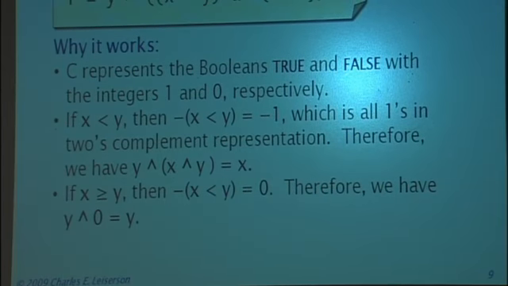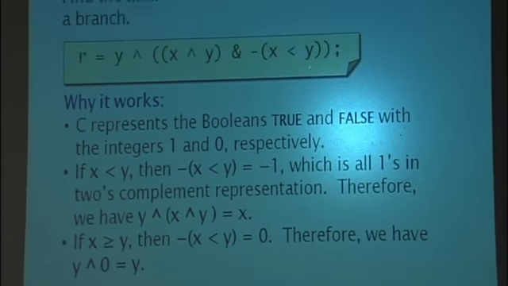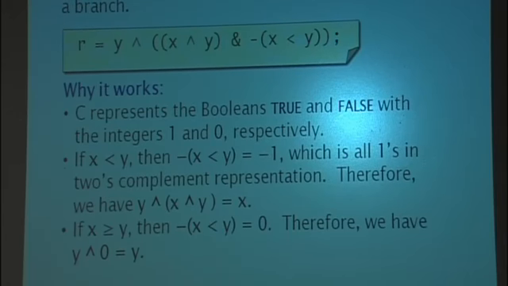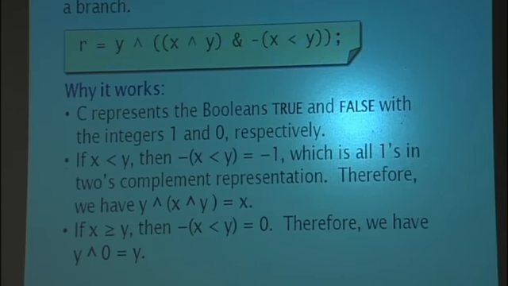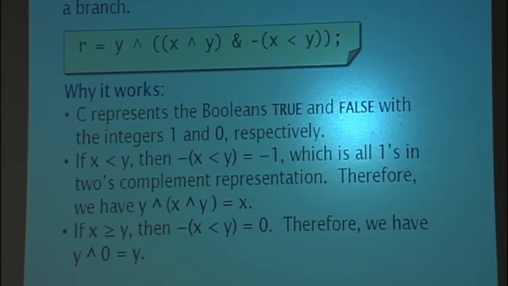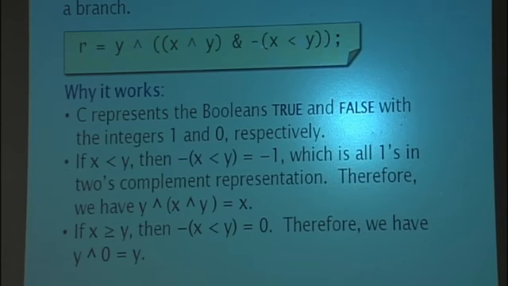So if you execute the operator x less than y as opposed to doing a conditional based on x less than y, it returns either a 0 or a 1, depending upon whether it was successful. So when you take the negation of that, it's either going to be 0 or minus 1.